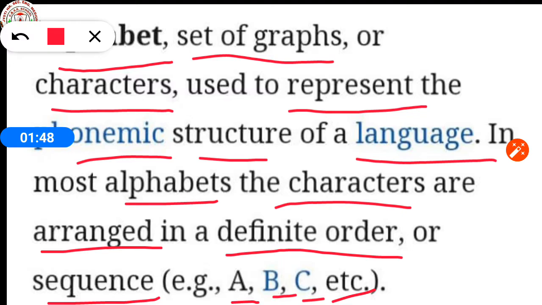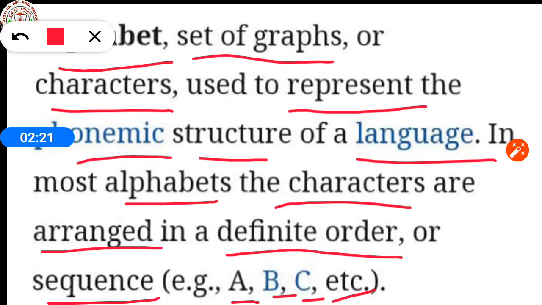From this definition, we understand that an alphabet is a standardized set of basic symbols called letters. So, the basic symbols in an alphabet are called letters.